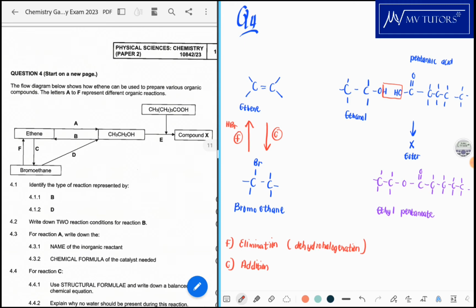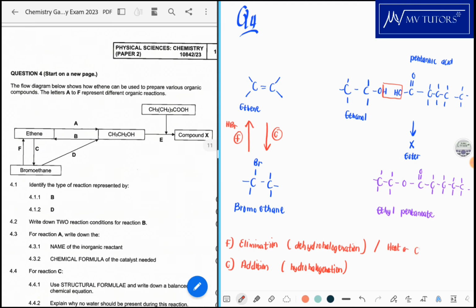Okay, we are basically adding a hydrogen and a halogen, so that would be hydrohalogenation. Okay, and with the hydrohalogenation, we don't really need a catalyst, but for dehydrohalogenation, we basically need a concentrated strong base. Okay, or basically heat, to make this reaction possible.